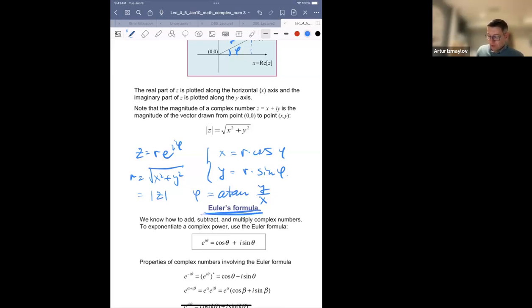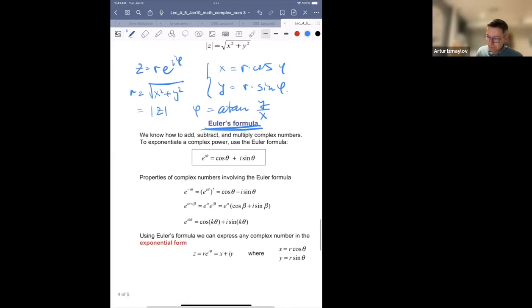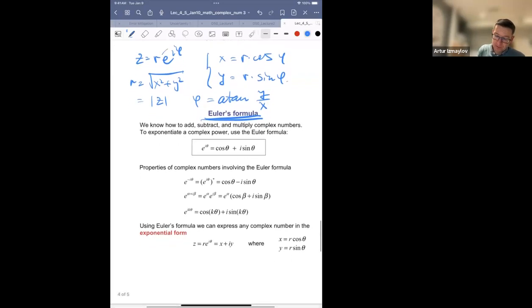An important formula is related to the exponential function of a complex number, e to the i phi. It can be written as cosine phi plus i sine phi. This can be checked by just comparing the Taylor series if you want, or you could just remember that this is the formula for the exponential function, of course with the i phi argument.